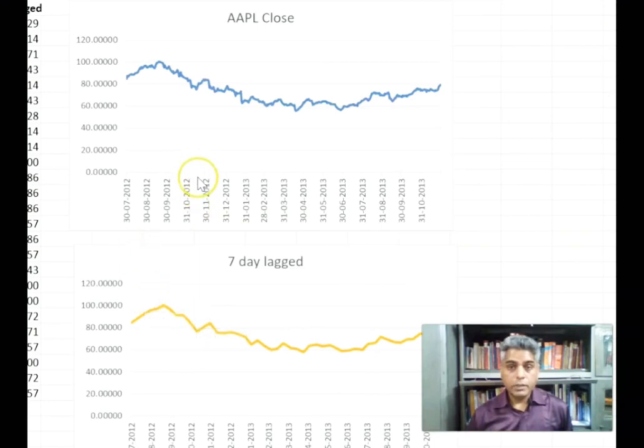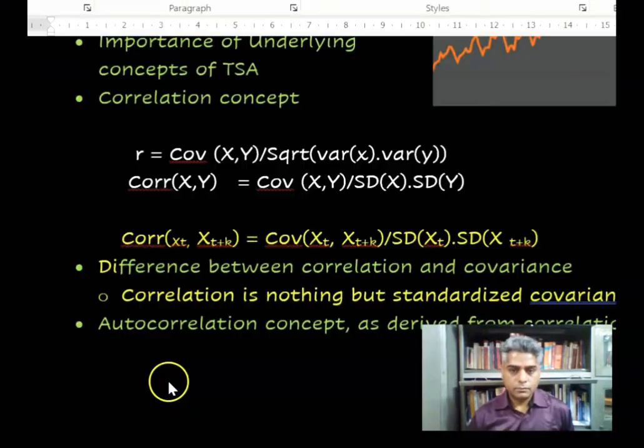Now, why am I using covariance and correlation interchangeably? Because as you remember from the last video, correlation is nothing but the standardized covariance. So correlation of xt with xt plus k is equal to the covariance of xt and xt plus k divided by the standard deviations of xt and xt plus k.